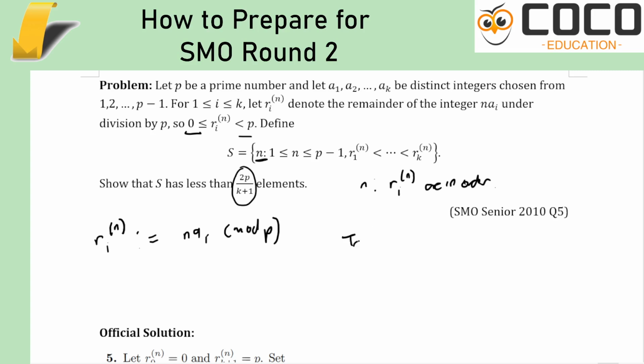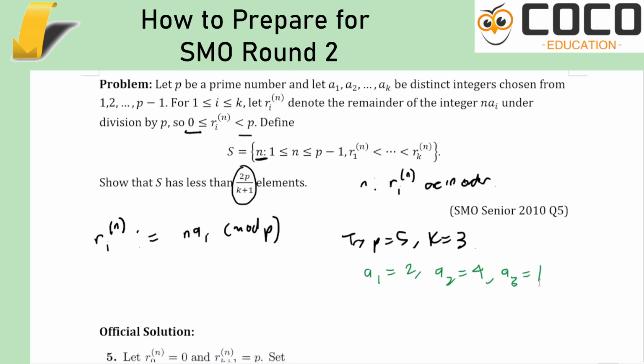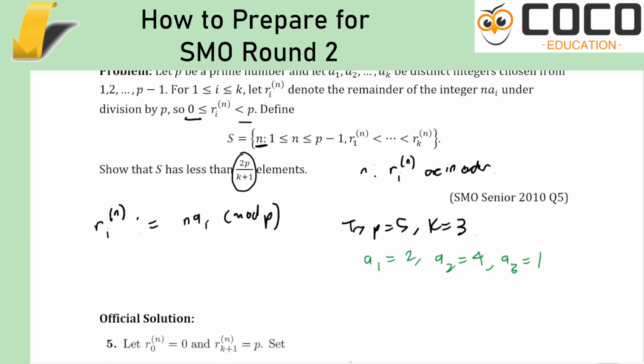So let's try something like p equals 5, and let's try something like k equals 3. So I will just pick from 1 to 4, in a random order. So maybe this is 2, this is 4, and this is 1. Now I want the n's such that these are in order. So if n equals 1, R1(1), R2(1), R3(1) are just 2, 4, and 1.